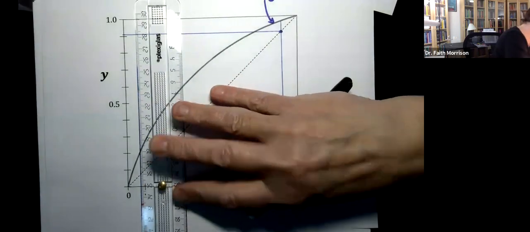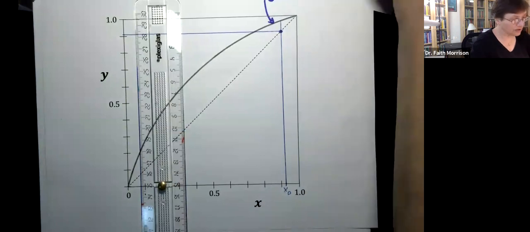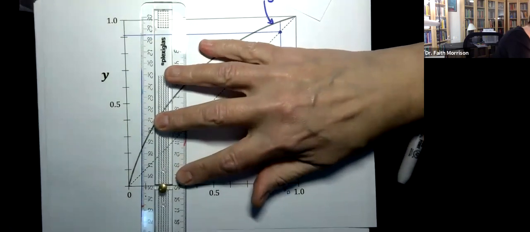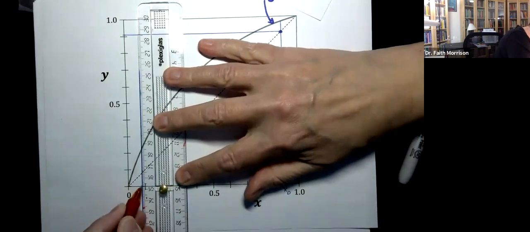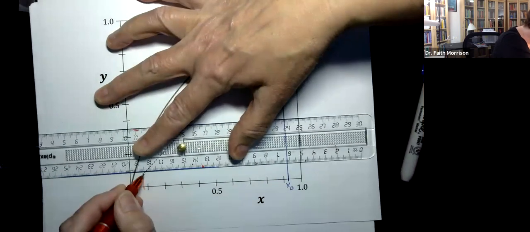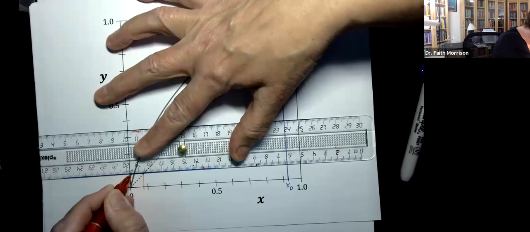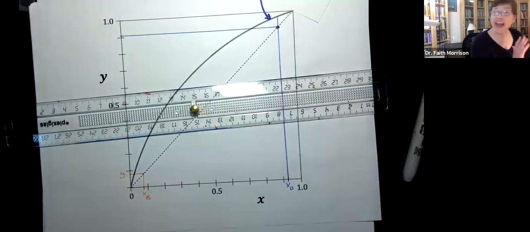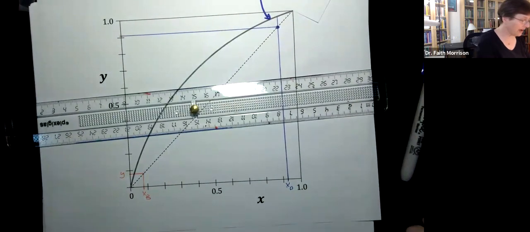So I'm going to use, again just for illustration, a value of XB that's somewhere below 10%. Let's let this be XB. If that's XB, then this must be the Y that goes with it. So this is XB, and this is the Y of the last tray, the absolute last tray.